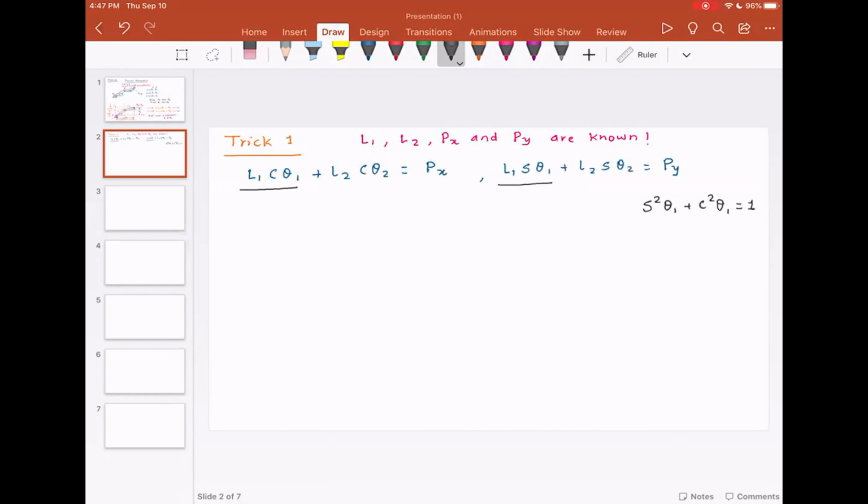So I'm going to take L1 cosine theta 1 on one side, and I will have Px minus L2 cosine theta 2 on the other side. Same thing for the other equation: L1 sine theta 1 is equal to Py minus L2 sine theta 2.